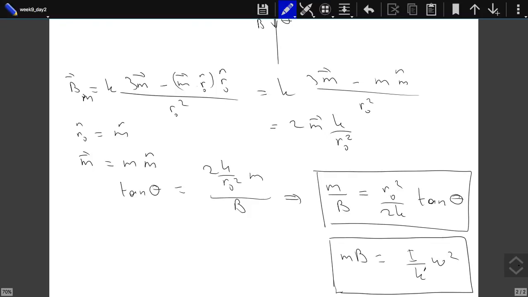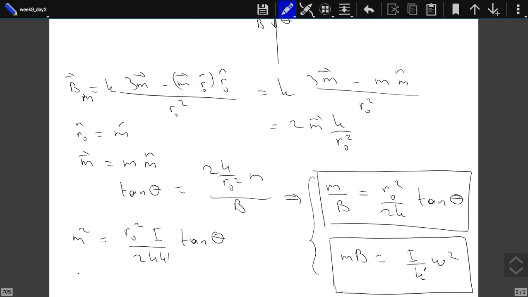So if I determine this angle of this right triangle, just take the tangent, and that allows me to determine the ratio of the magnetic dipole moment to magnetic induction. So if I have these two, and if you just multiply them, m squared is just r0 squared I over 2k k prime tangent theta.